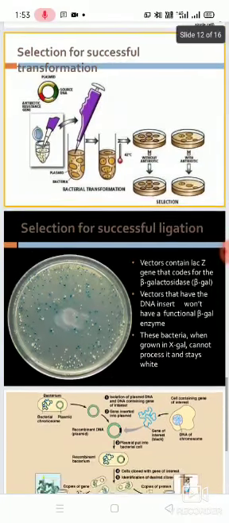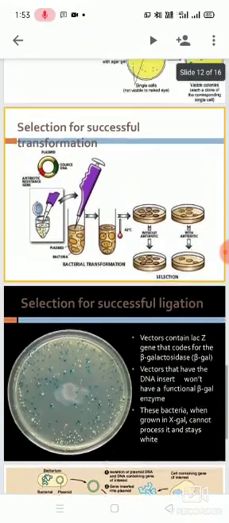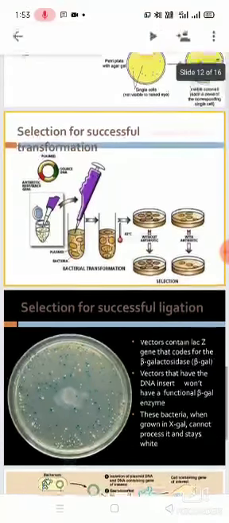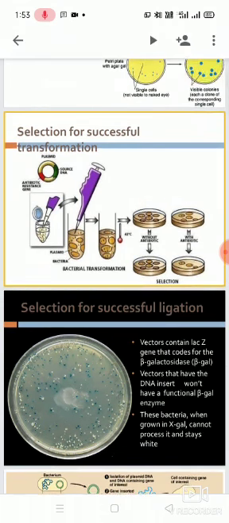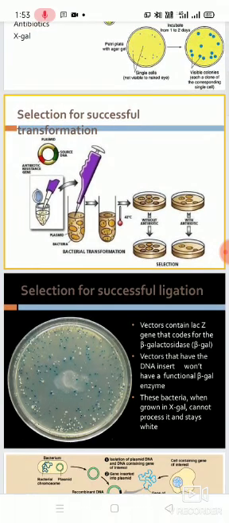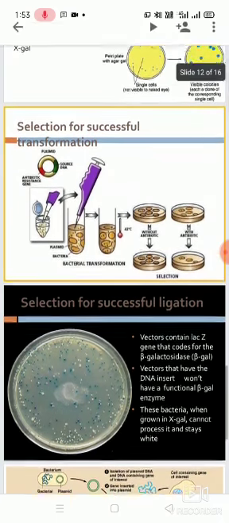Here we can see that there are two conditions: a plate without antibiotic and a plate with antibiotic. The transformed cells which are transformed with the plasmid and with the source DNA will be able to grow on the antibiotic plate only if they have the resistance gene.